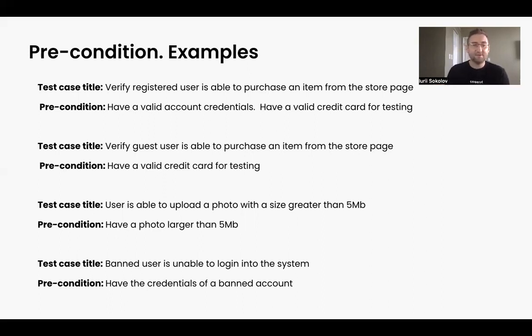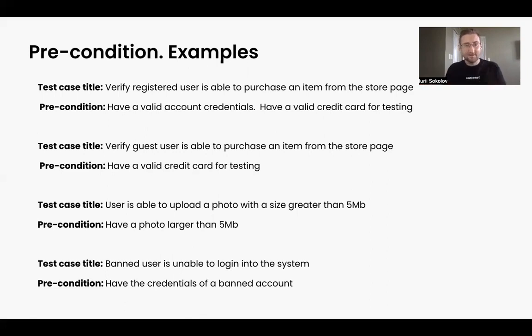Another example, user is able to upload a photo with a size greater than 5 megabytes, right? So we clearly understand as a QA engineer here. If I'm a QA engineer, I read the test case title: user is able to upload a photo with a size, with an image, a file that is greater than 5 megabytes.